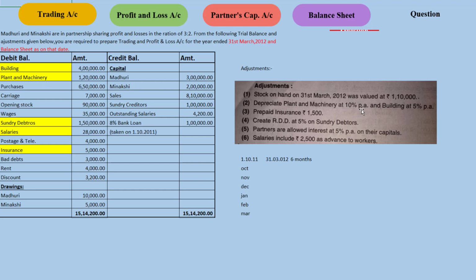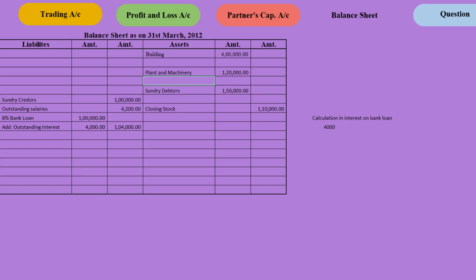Depreciate plant and machinery 10%. So we'll go to the plant and machinery. Here we'll deduct depreciation because depreciation is always to be deducted. 10% will get 12,000. How to calculate? The way is same. I'll show you here finally.